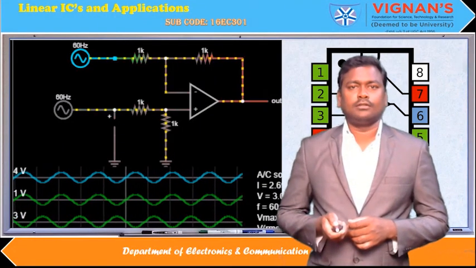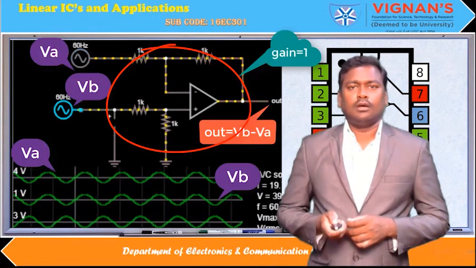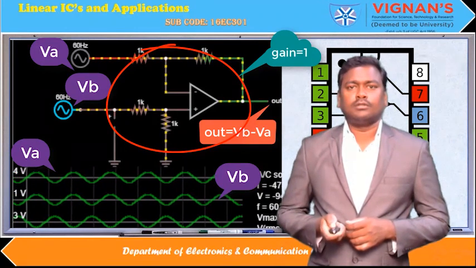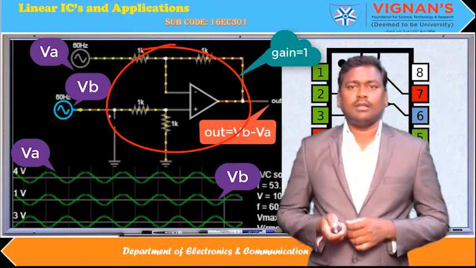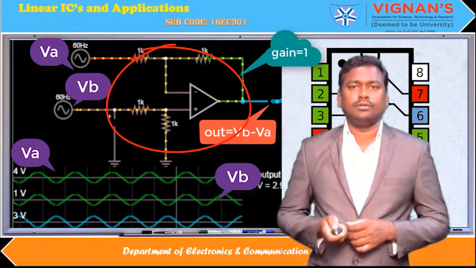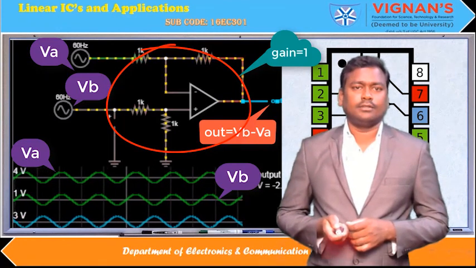The differential amplifier has two input signals, Va and Vb. Here all resistance values are the same. As per the theory we discussed, the output signal is equivalent to Vb minus Va, acting as a subtractor.